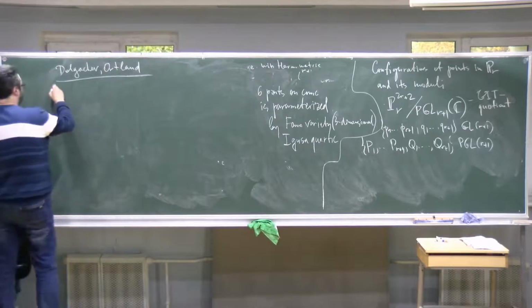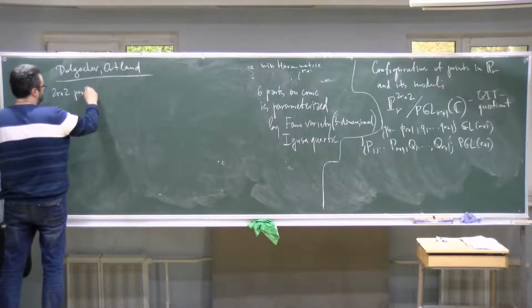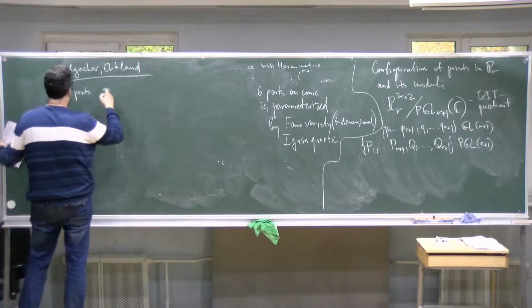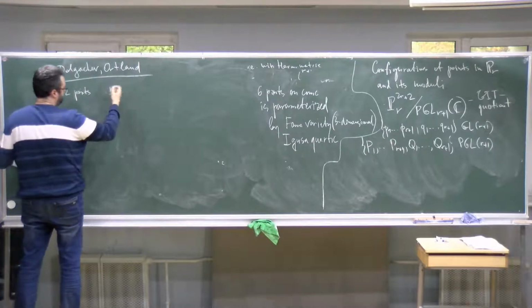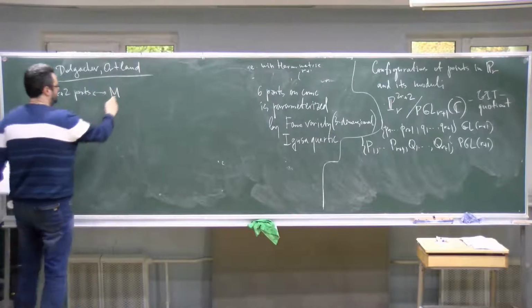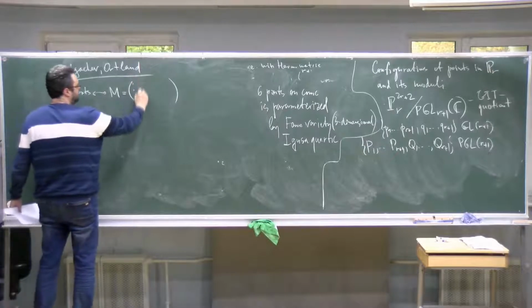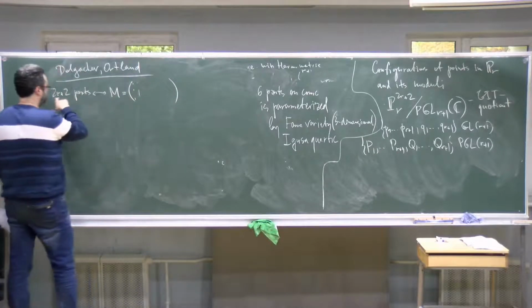Assume that we have 2r+2 points and consider their coordinate matrix M. It means the following. I write in columns the coordinates of these points.